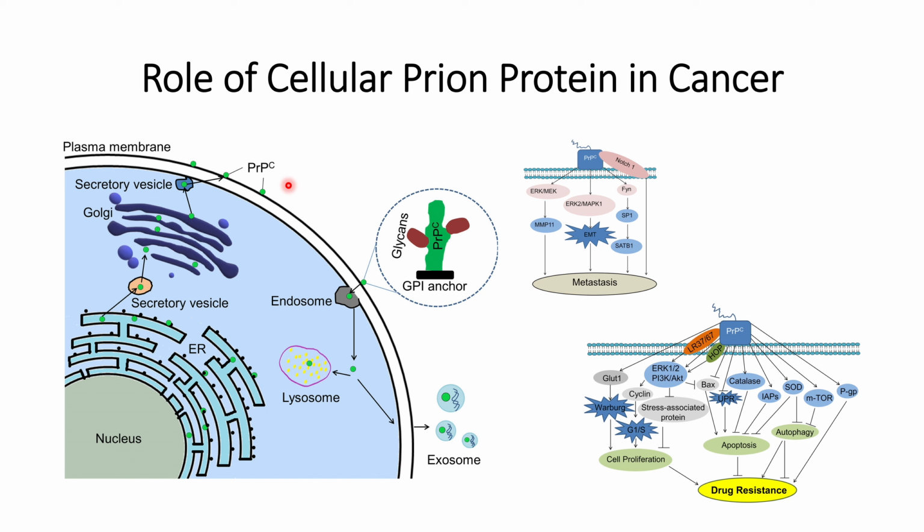However, the problem occurs when excess cellular prion proteins are formed in the cells. First, we will discuss metastasis. This excess prion protein will promote metastasis of the cancer cells, and one efficient way to do this is via signaling the EMT pathway.